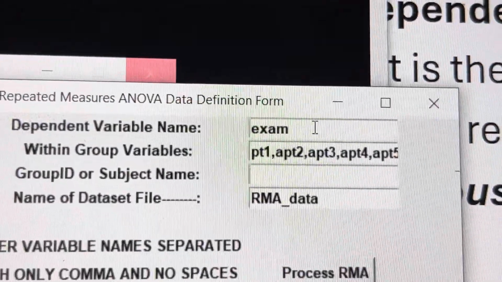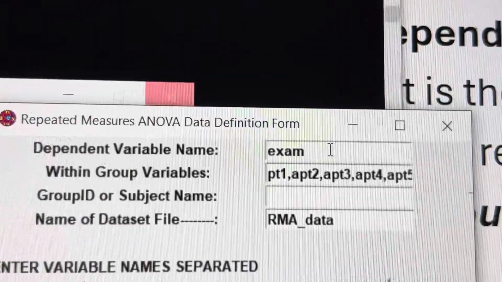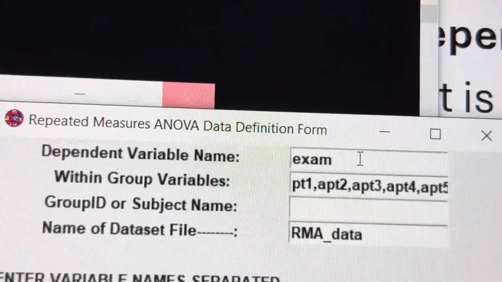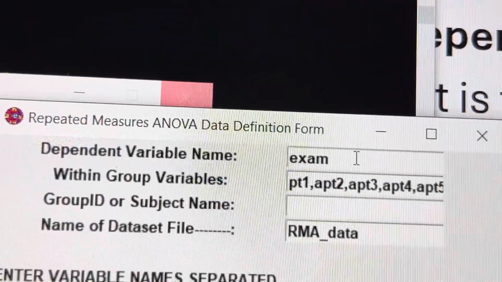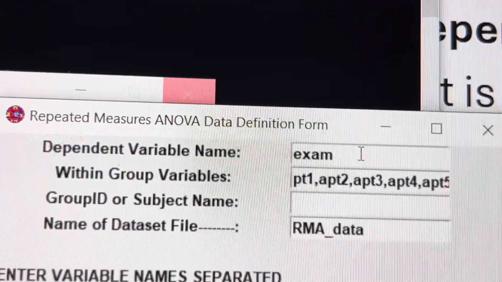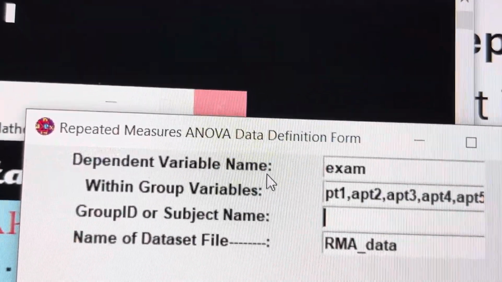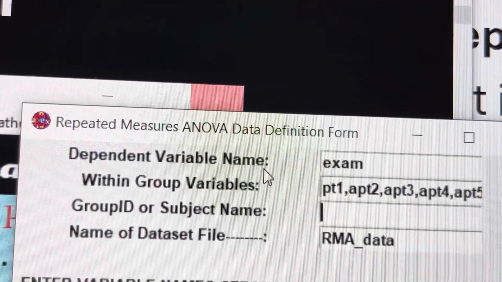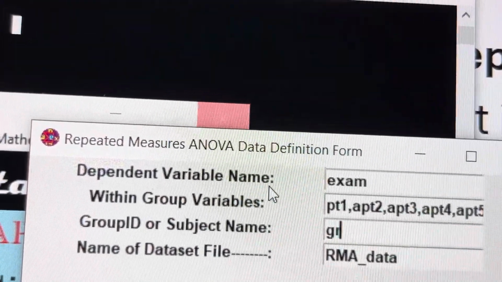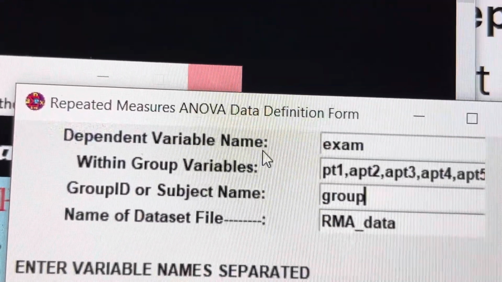It is not a must that you use all the variables that are there, but we just want to show this. Then we now go on to the group. The group here is simply called group. That's the name of the group.